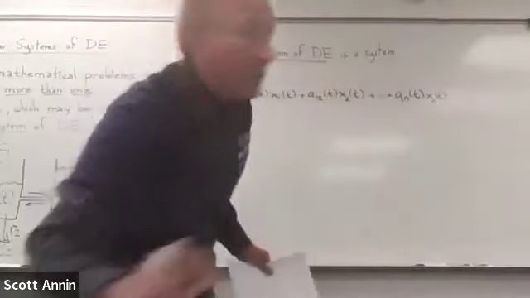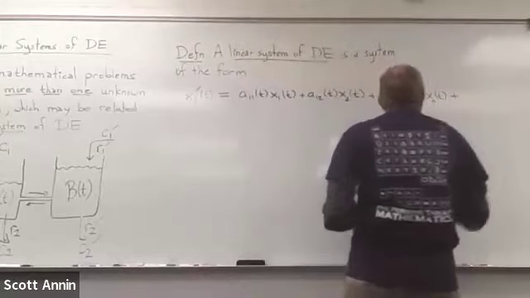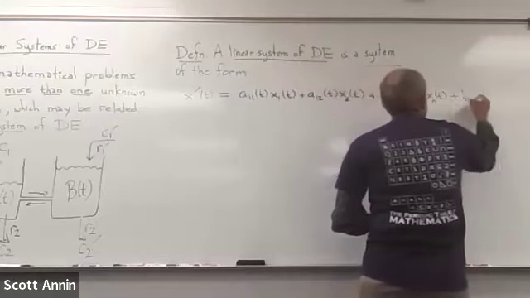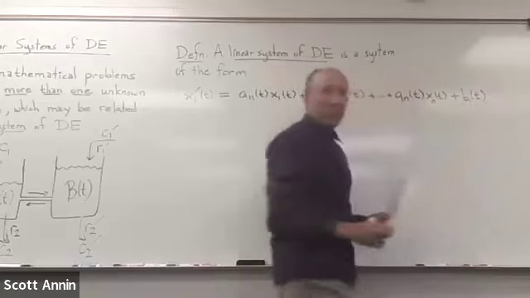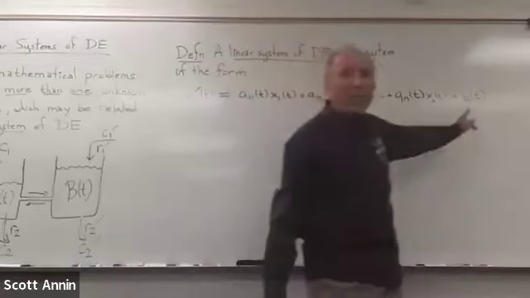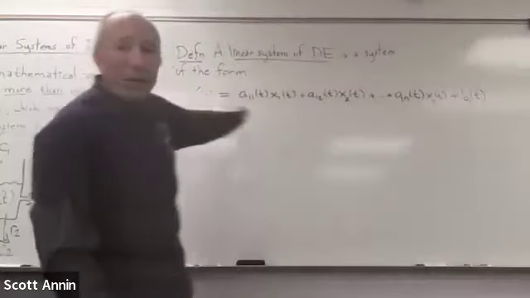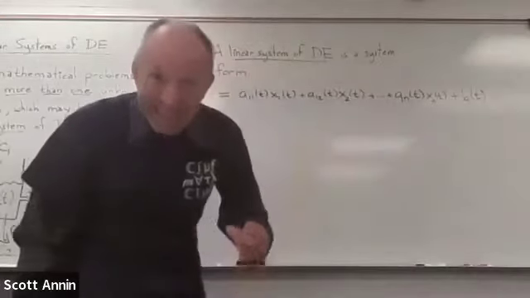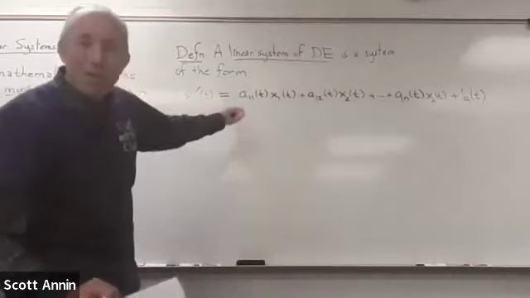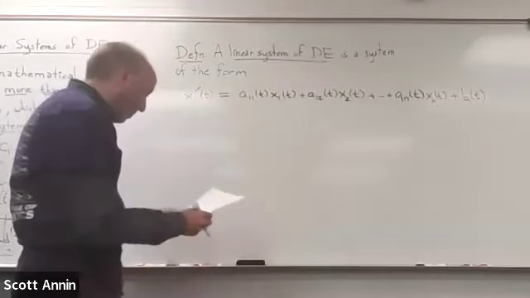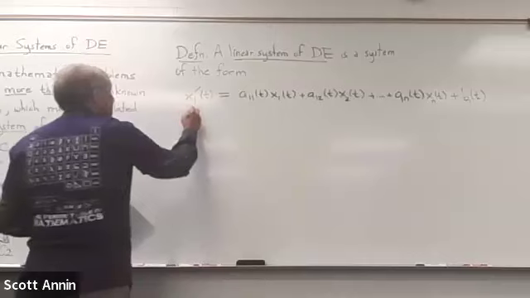And then to that, we're also going to add another function here, which could be thought of as a non-homogeneous contribution to the problem. This is b1 of t, right? So what I've written down here, guys, is just the first equation. It's the first differential equation in my entire system that I'm working on here.